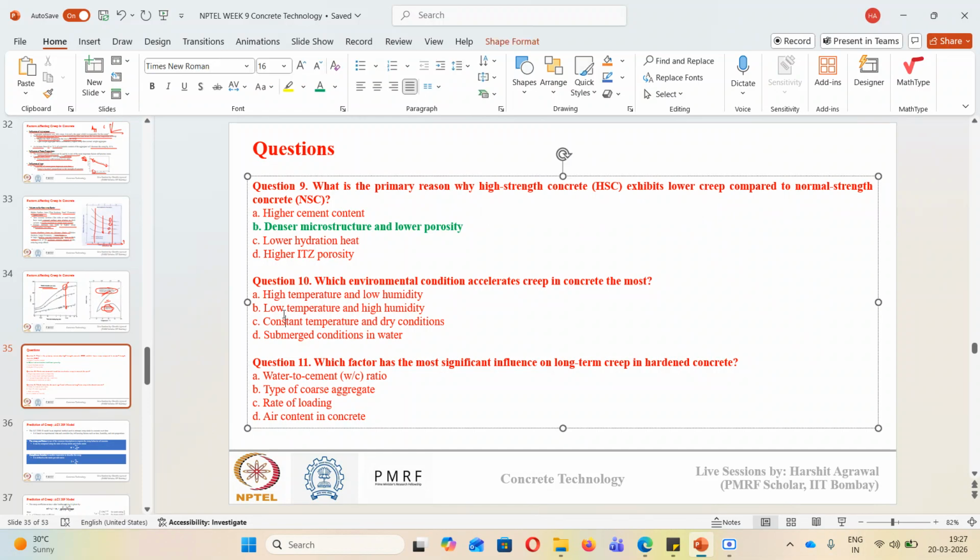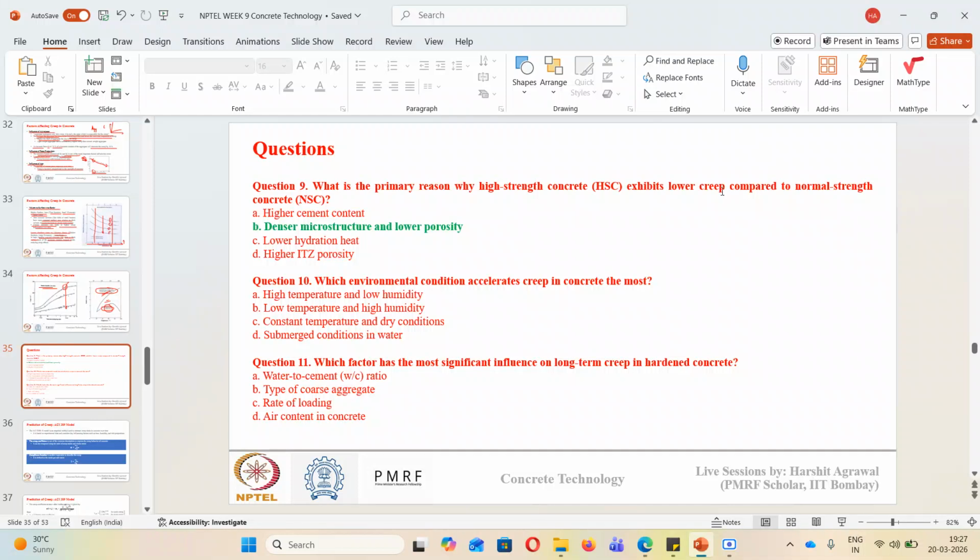Question number 10. Which environmental condition accelerates creep the most? Suppose you have placed a concrete into different environments. All concretes are the same. So which environmental condition will accelerate the creep?